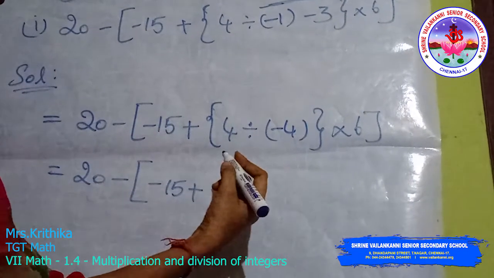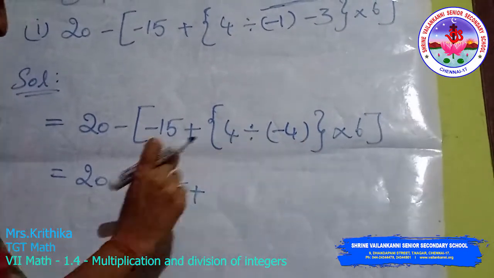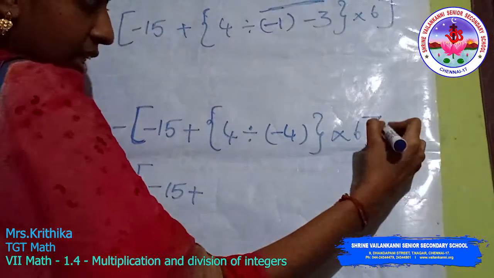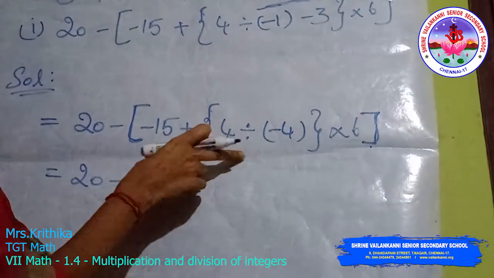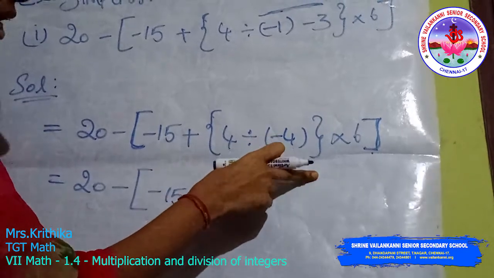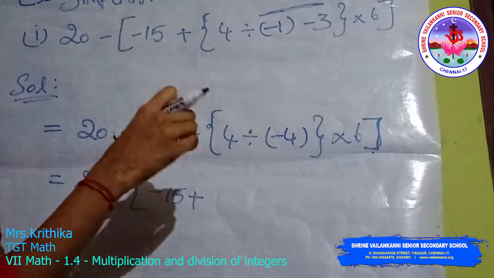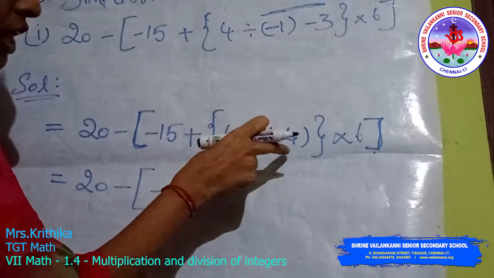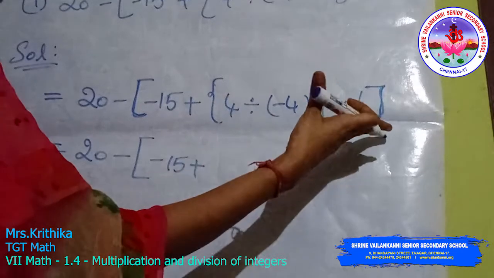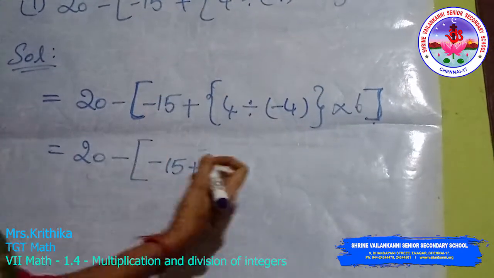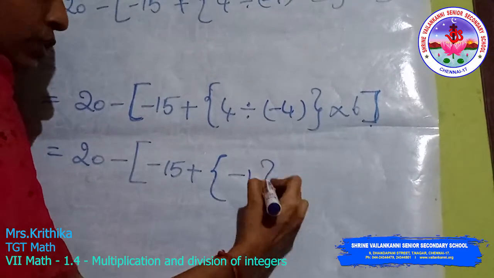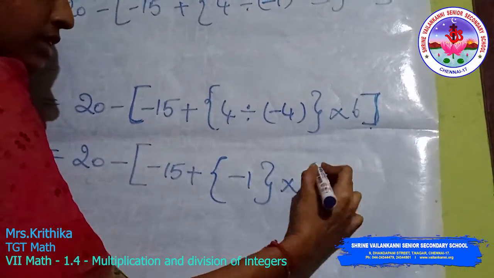The square bracket has curly brackets inside it, and the curly brackets also have an operation, the division. First you finish the division operation, then move to the square bracket. 4 divided by minus 4 is minus 1, into 6.